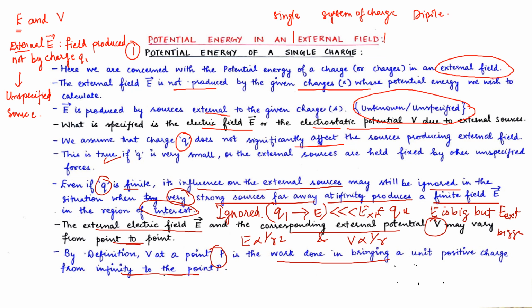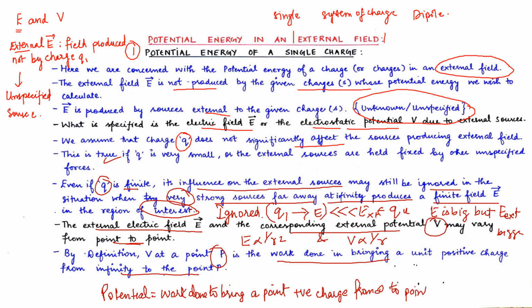That will be taken as potential. See over here, potential equals the work done to bring a point positive charge from infinity to point P.